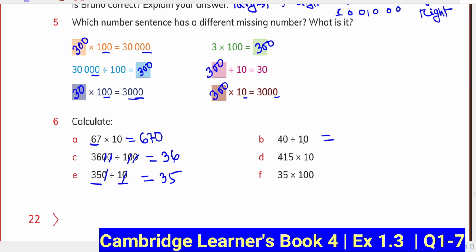Here is 40 divided by 10. It's 4 times 10 is 40, so 0 is out, it will be only 4. 415, once you multiply by 10, just use a 0 after the 5. And finally, here is 35 times 100. It means 0, 0. Very simple. So number 6 done.